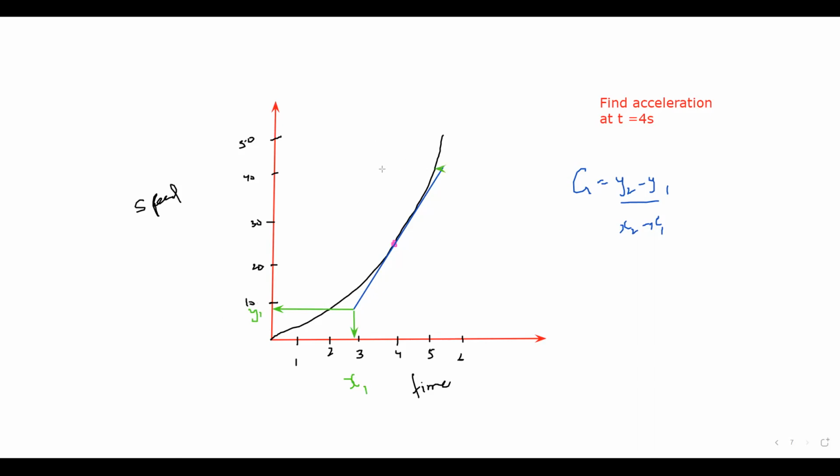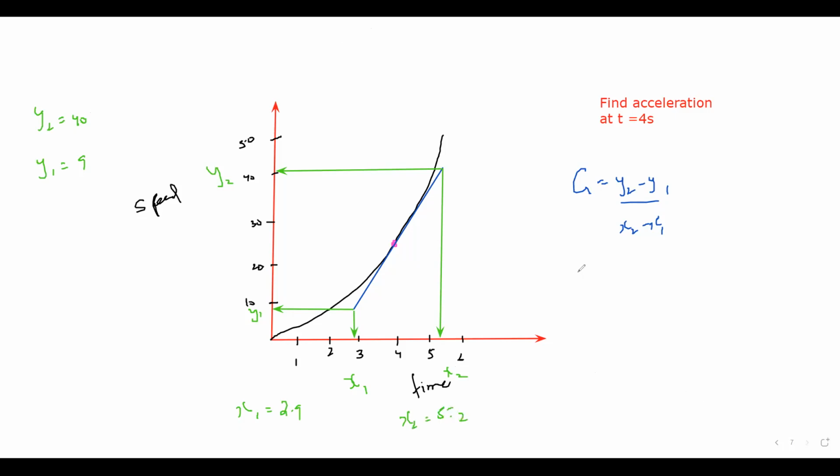The second point on the y-axis of a tangent is called y2, and the second point on the x-axis is called x2. Then using the graph, you will work out the values. For example, say y2 is 40, y1 is 9, x1 is like 2.9, and x2 is like 5.2.